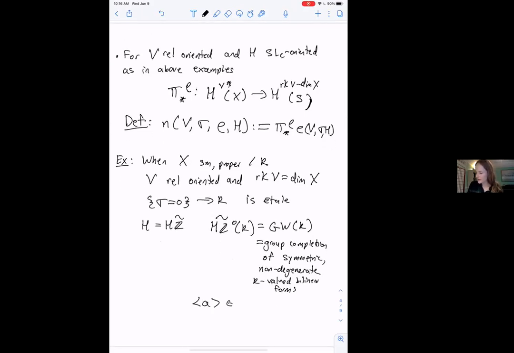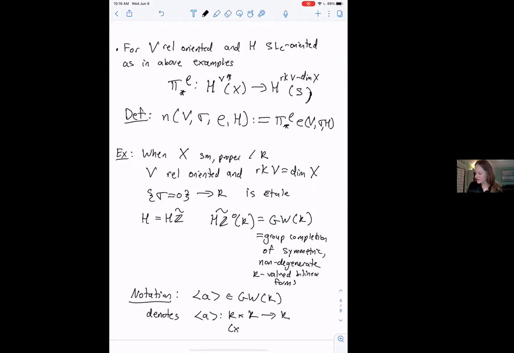So A in GW of K will denote the element of GW of K corresponding to the bilinear form on the vector space K that takes X, Y to A X Y.